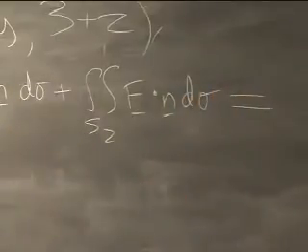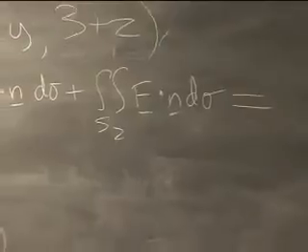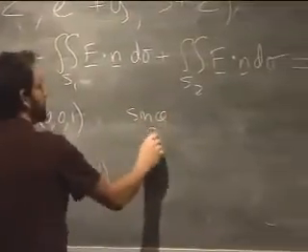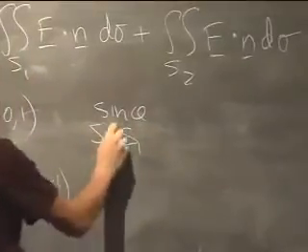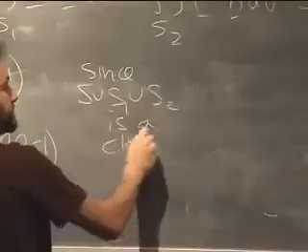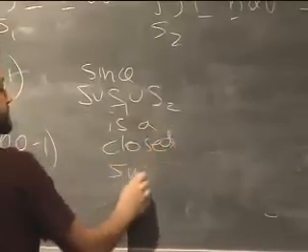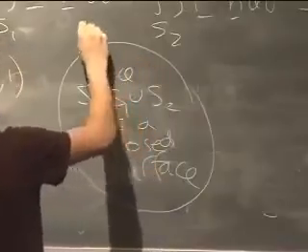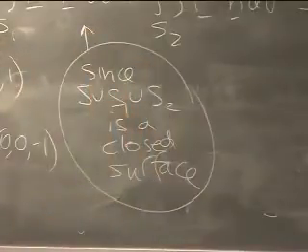Okay, so this is now a closed surface, and you might want to just say, since S union S1 union S2 is a closed surface, we'll fill in the right-hand side. But what is that equal to? What does the divergence theorem say?